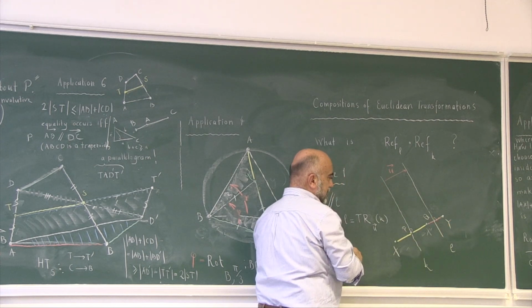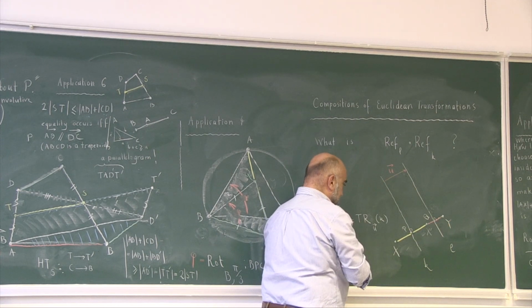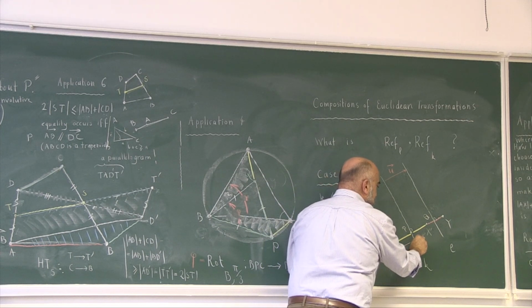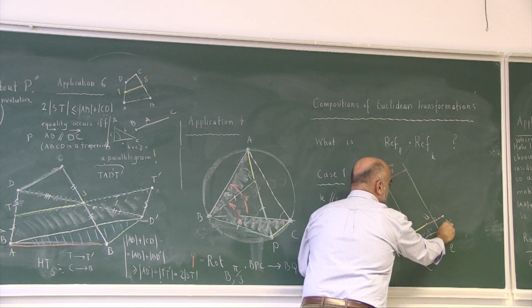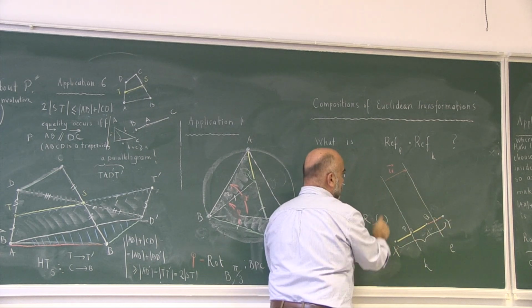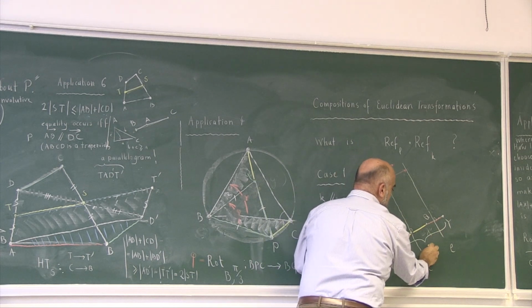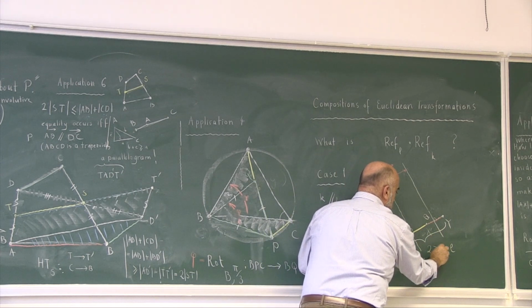So in fact, the vector that joins X to Y is really twice the vector that sends K into L. So this is 2U.